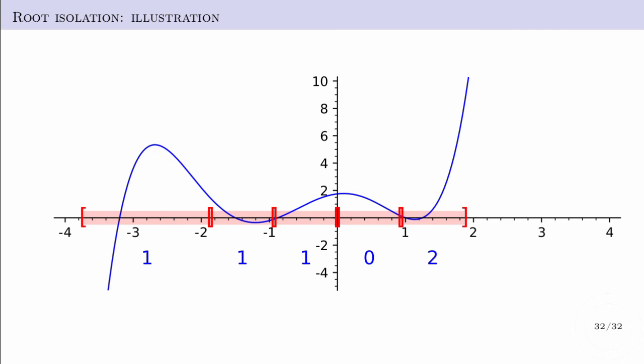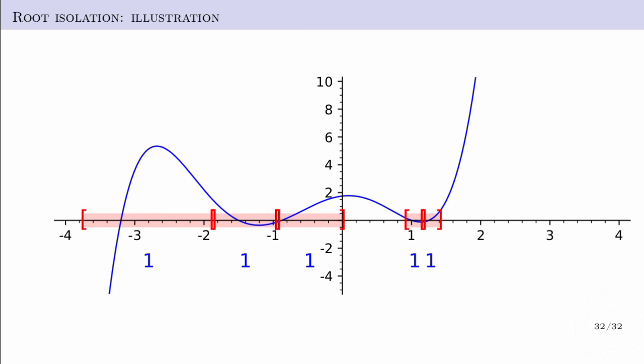So the 3 intervals on the negative half axis will be left intact, but we need to discard one of the intervals on the right and split the second one. We do it again, and we still have 2 roots in a single interval, so we again discard the rightmost interval and split the first interval in the positive subaxis.